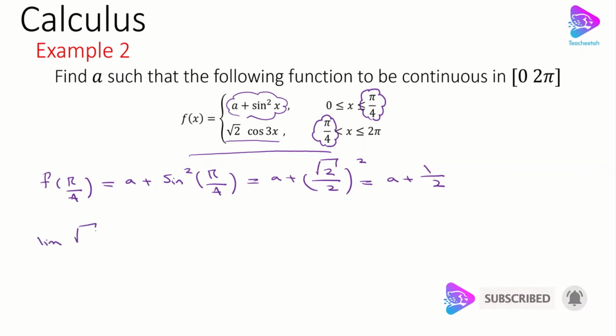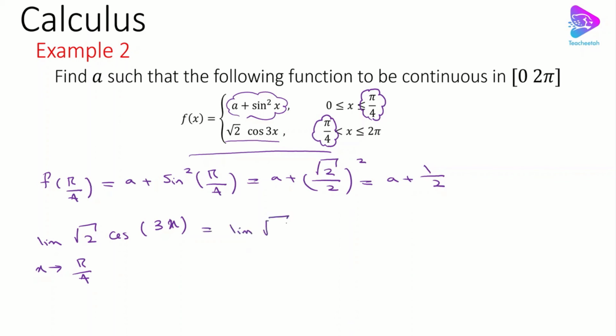square root of 2 cos 3x when x is approaching pi over 4, and if we plug in pi over 4 in there, it's going to make the limit of square root of 2 cos 3 pi over 4.